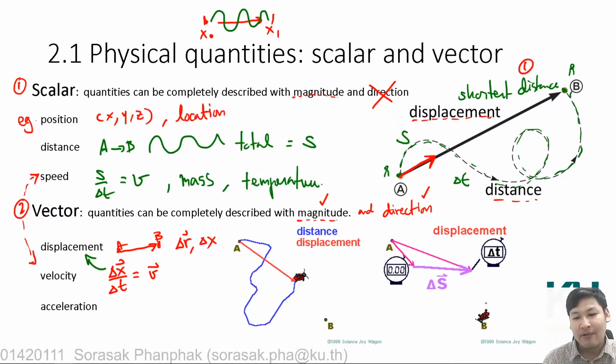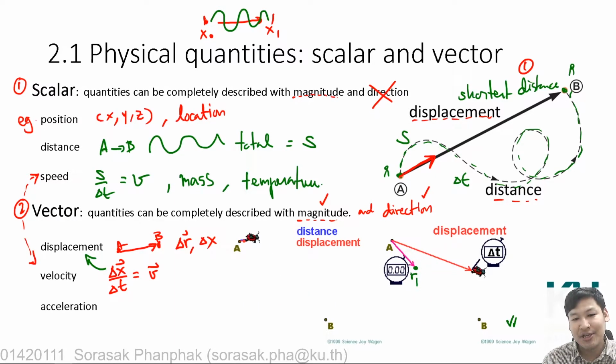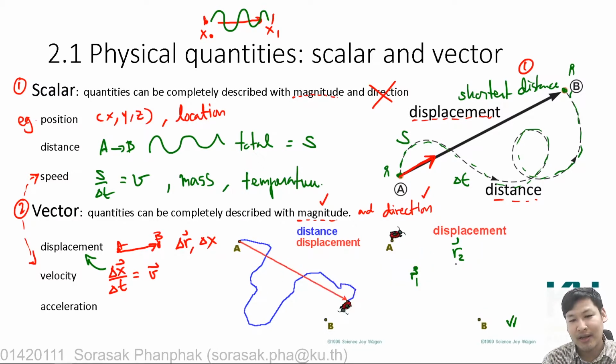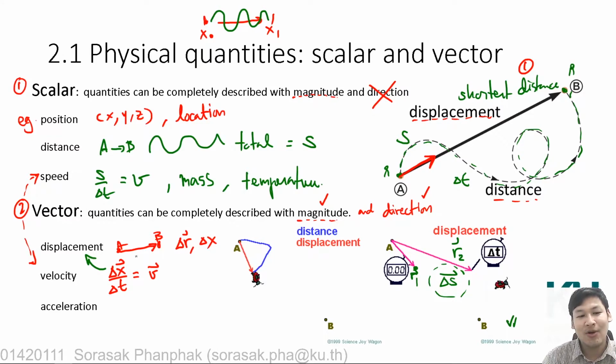If you see from this figure B, this object is moving; at one time point the position is here, and at another time point the position is here. So the difference of the positions, the displacement, gives you delta S. Delta S here is the displacement between two different points. With this over t, you get the velocity.